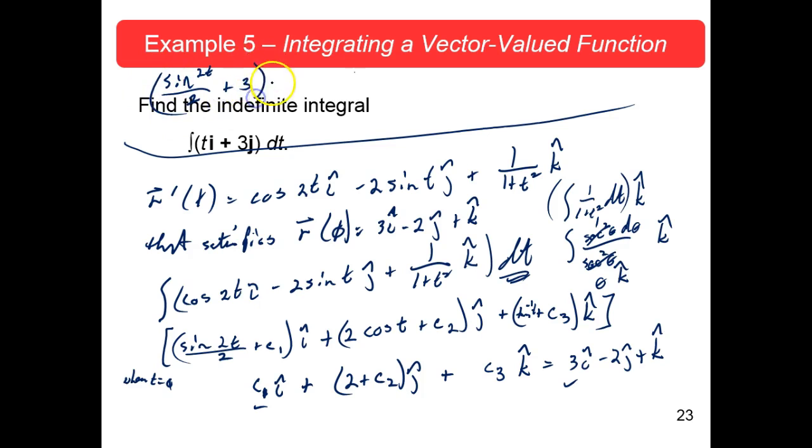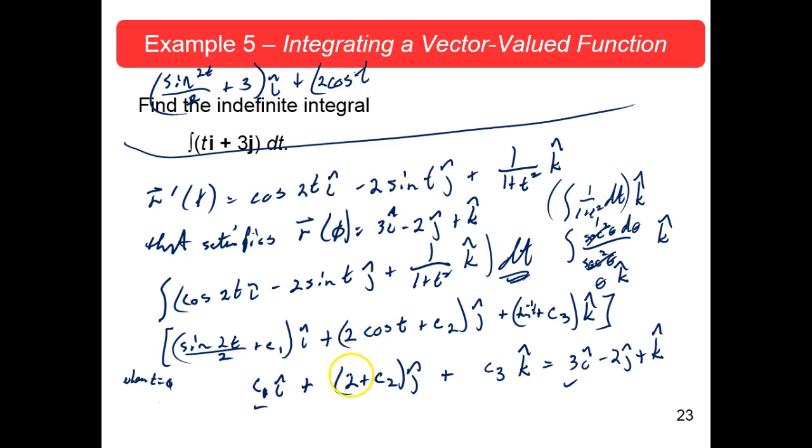So this is our i plus 2 cosine t plus C2. Now, we hadn't determined what C2 is yet.